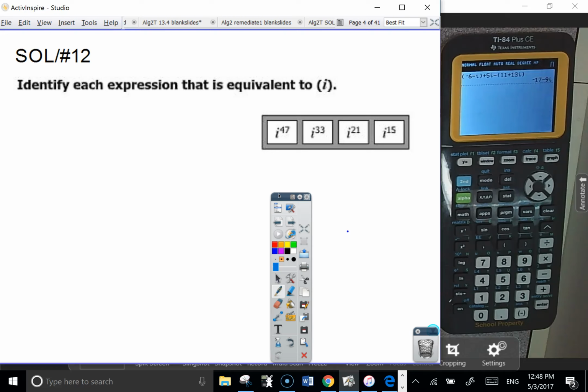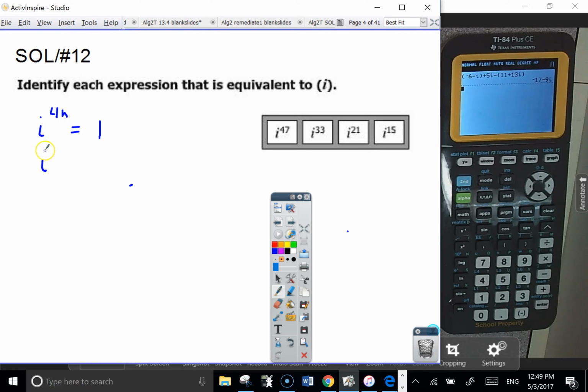Now, when we did this, understanding the powers of i was all about understanding where it is your exponent is relative to a multiple of 4. If you remember, all multiple of 4 exponents of i equal 1. Right?